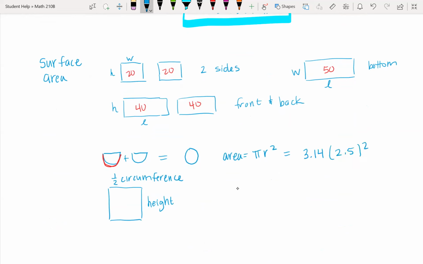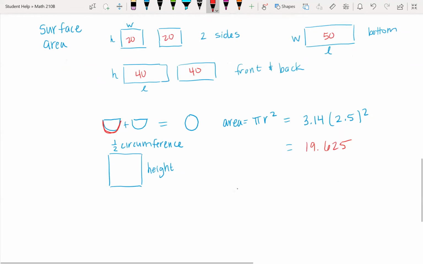That's just the circle base. That is 19.625. I'm going to make that red so that I know what to add up together. 19.625.